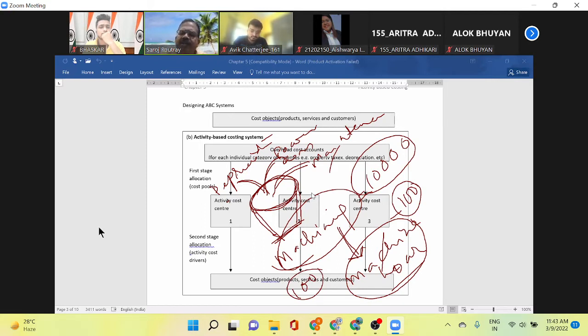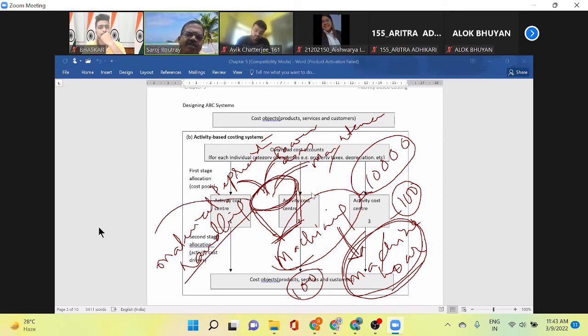So what I have done here, instead of putting a blanket kind of overhead rate, taking all expenses of the department under one group, I divided into different activities and then tried to find out what drives the activity. For example, material handling. Material handling expenses incurred in store don't depend on machine hour or labor hour.